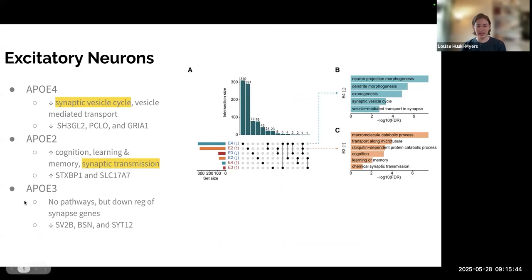And then in ApoE3, there were only three genes. I guess they're pulling out here where these are E4 downregulated unique genes, E2 upregulated unique genes. These are their enrichments. For ApoE3, I think they had no significant unique pathways, but they did find downregulation of some related synapse genes. So a similar theme there.